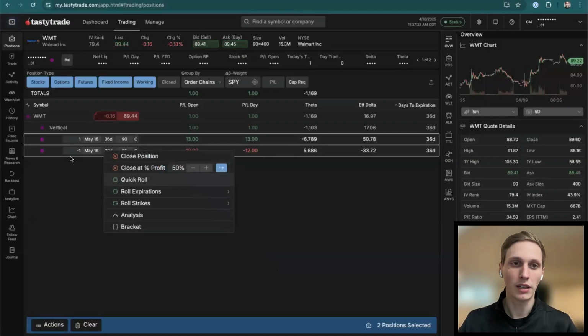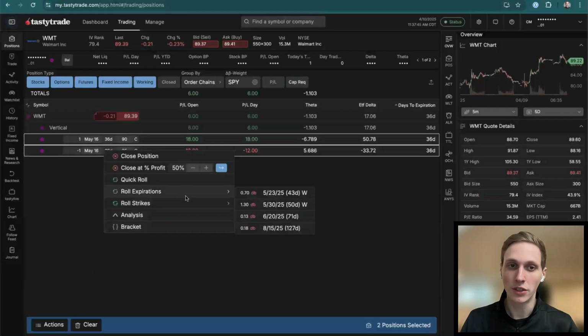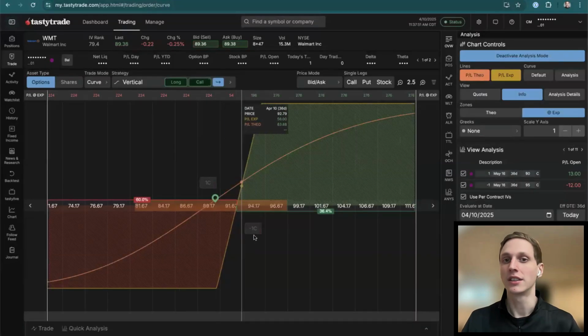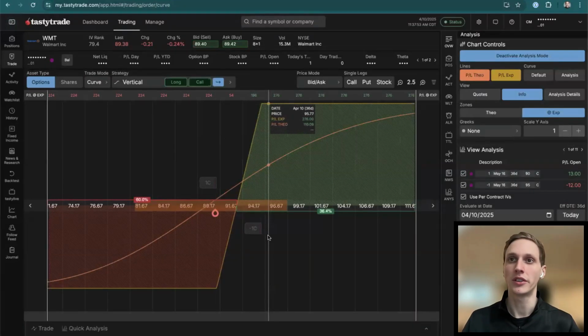So we can just right click on our legs, and then you'll notice here that we can close our position. We can set up a close at profit. We could set up a bracket order, like a take profit and stop loss order. We could roll expirations, we could roll strikes, or in this case, we want to analyze it again. We could just go to analysis, and it's going to take us back to the screen that we were just at.